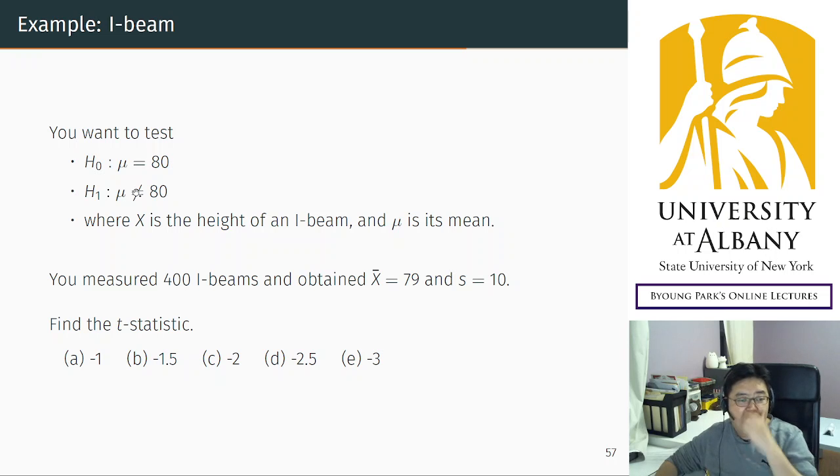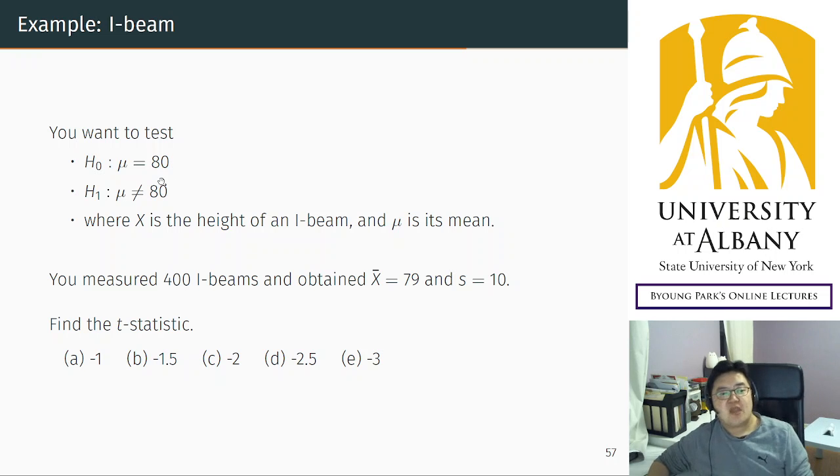And so given those hypotheses, we randomly sampled 400 I-beams, measured their heights, and obtained a sample average of 79 millimeters and, say, a measurement error of 10 millimeters.